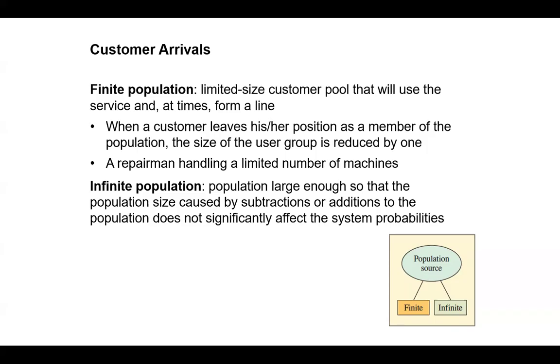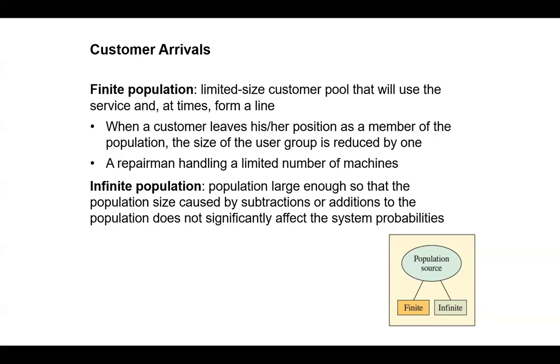We don't have a specific number to distinguish the finite from the infinite population. One way we can distinguish them is to consider the impact when one or two customers or arrivals leave.